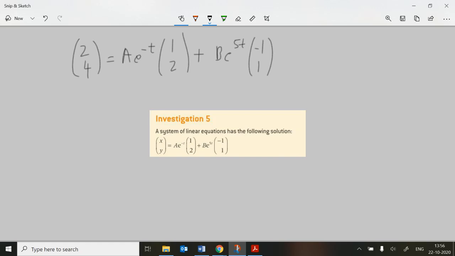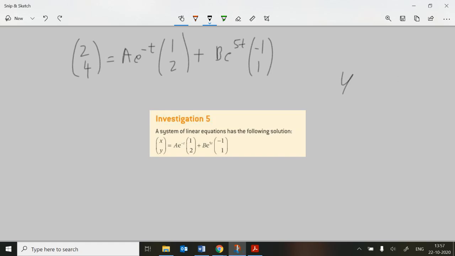So we've just chosen a starting position somewhere on our xy coordinate grid, and in particular a starting position which lies on the line of this eigenvector. This eigenvector lies on the line y equals 2x.